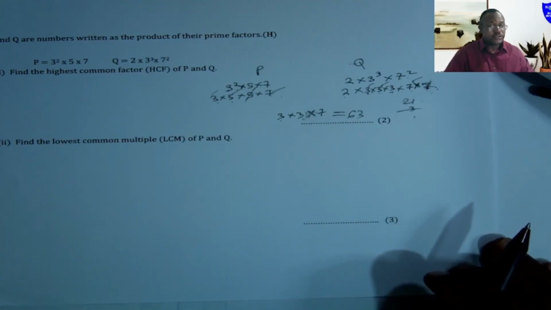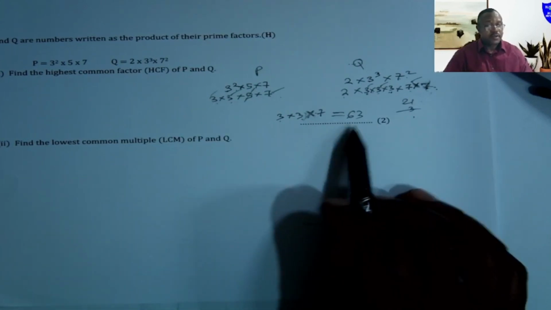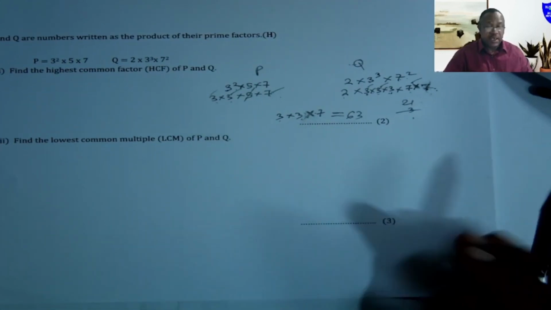So 63 is the highest common factor of P and Q.